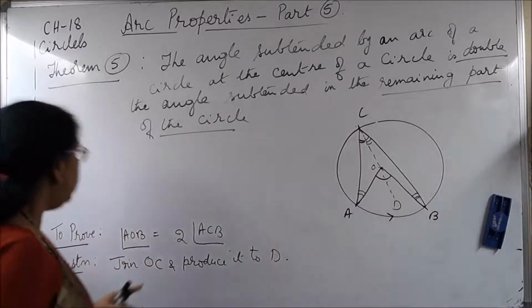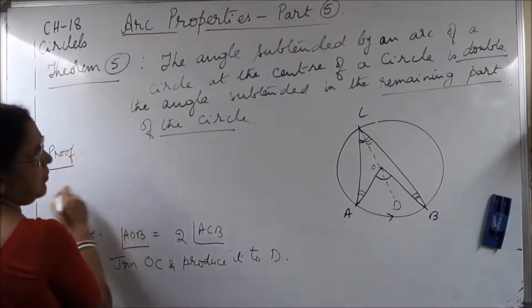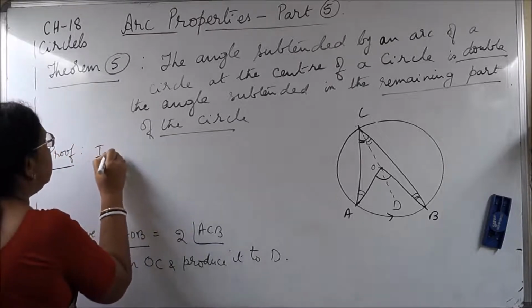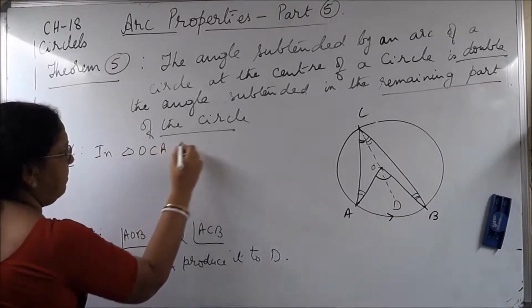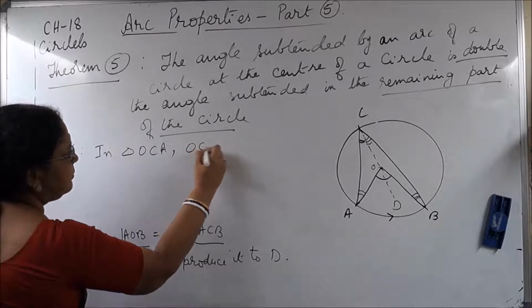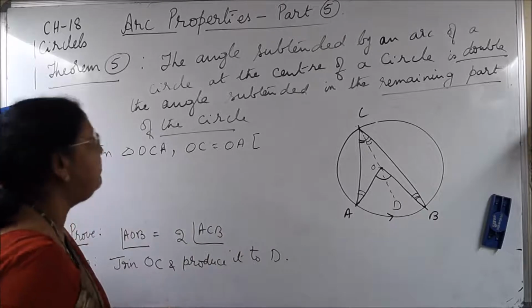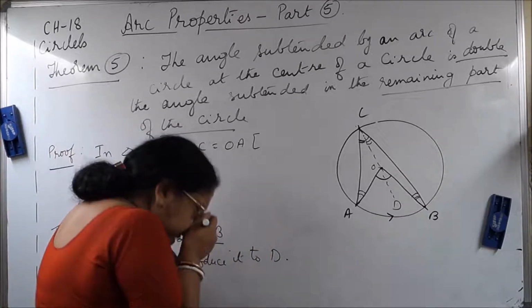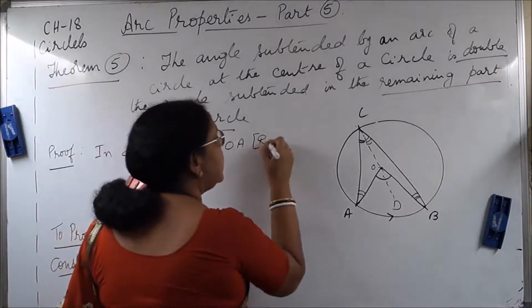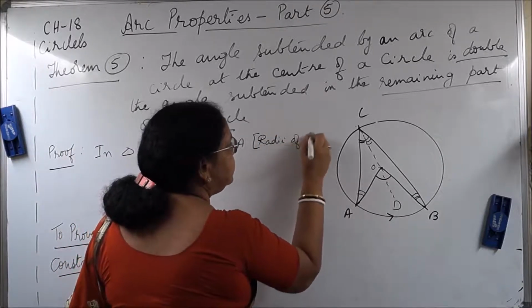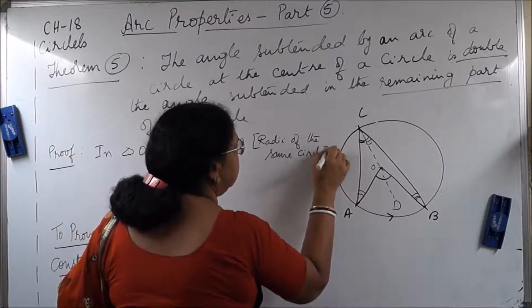That is what we are going to write. So first, in triangle OCA, OC is equal to OA. What is the reason? Radii of the same circle. Okay.